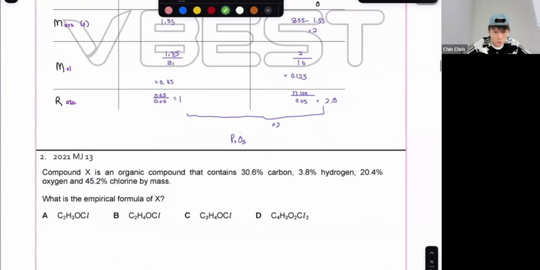So the answer is P2O5. Is that right? Alright, guys, remember in our empirical formula, we do not round up. Do not round up, do not round down. I want you to make them the same by multiplying with a multiplier. Don't round it up, don't round it down.